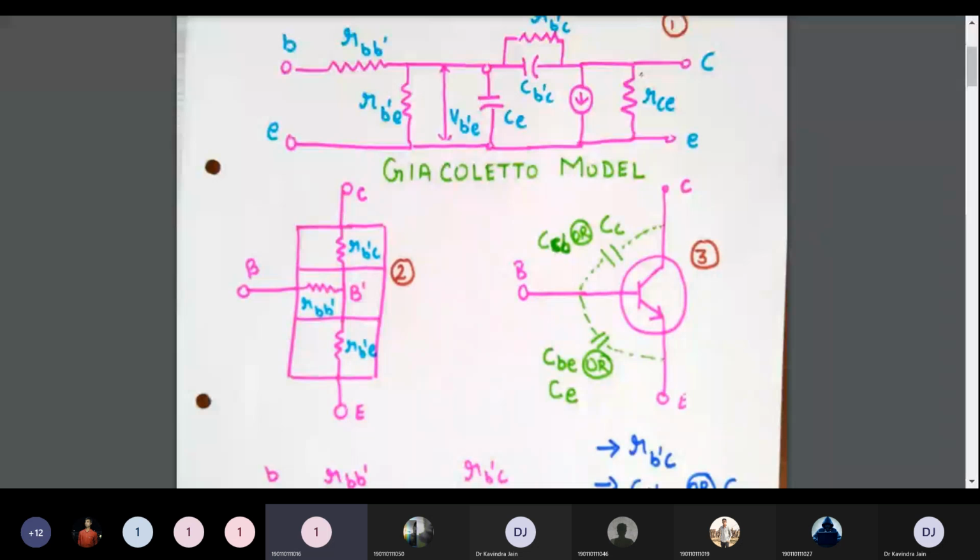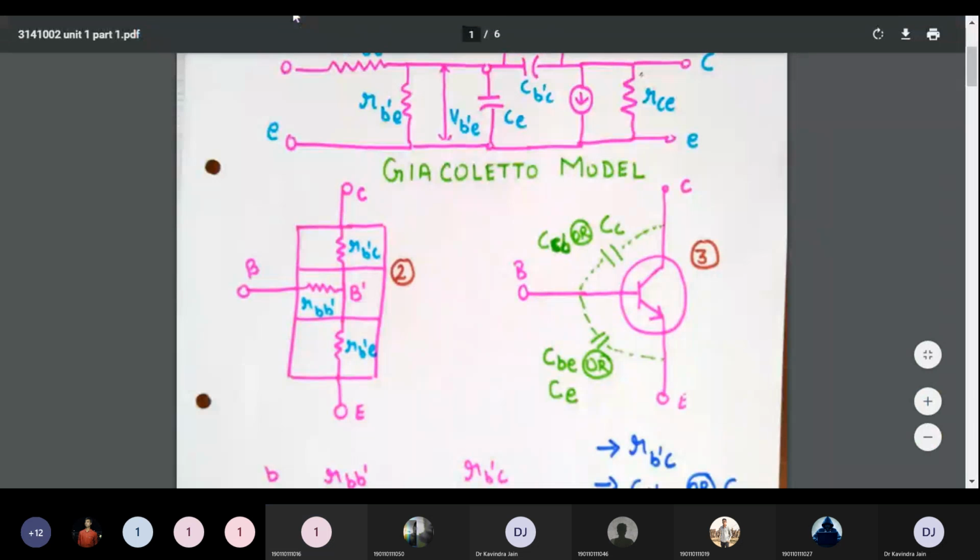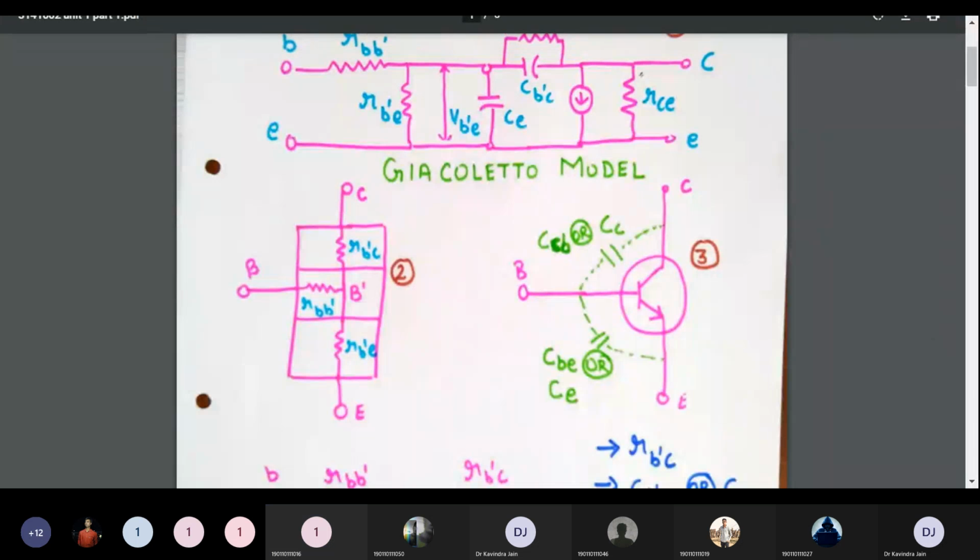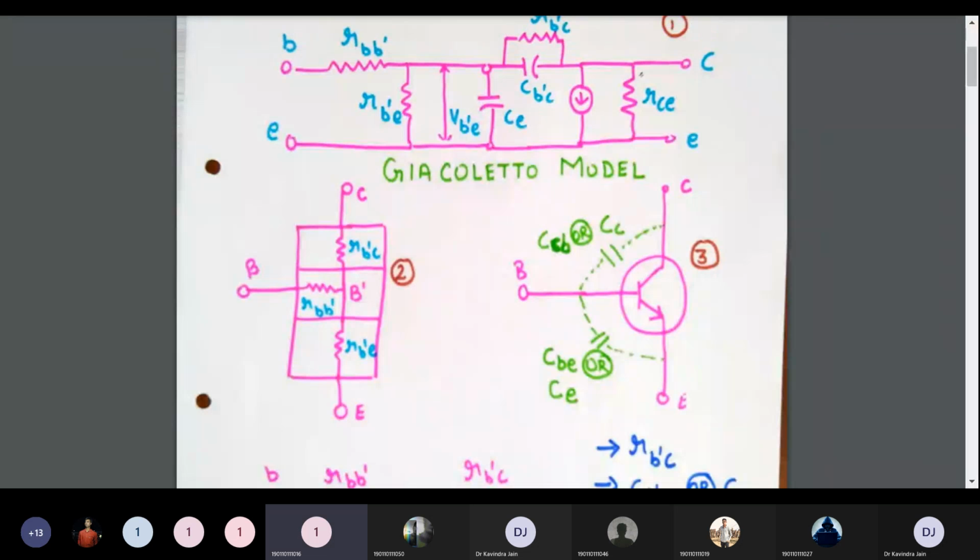Hello students, I think I'm audible and the screen is visible. Can I proceed further in explaining this term? Yes, sir. So this R B dash B is commonly known as spreading resistance. Spreading resistance.